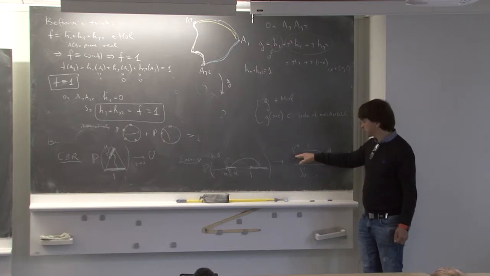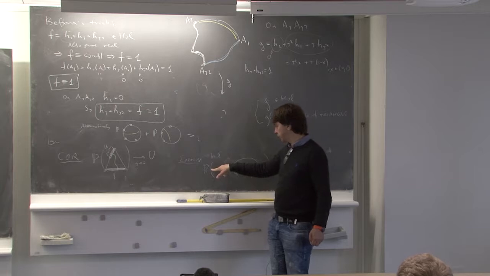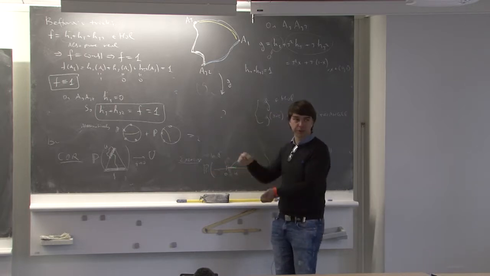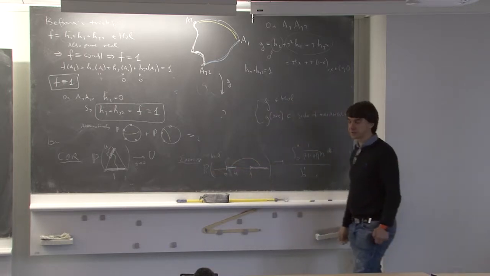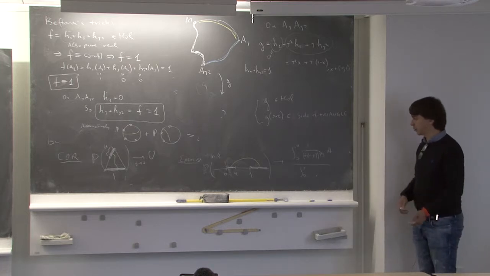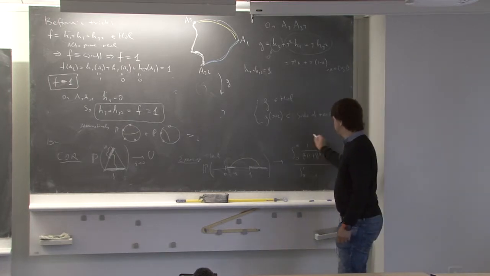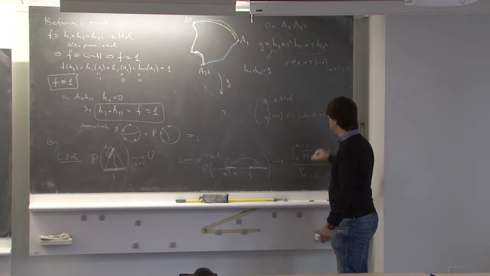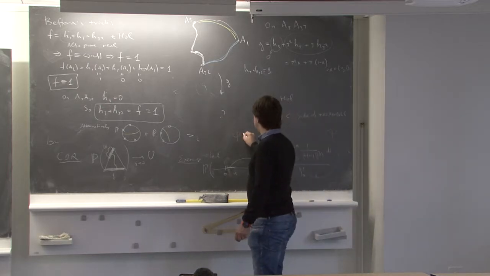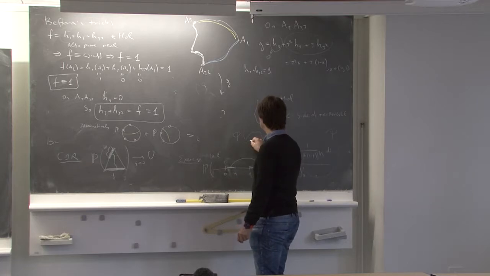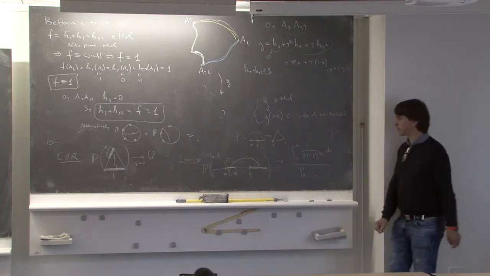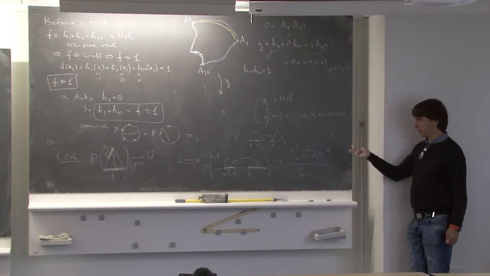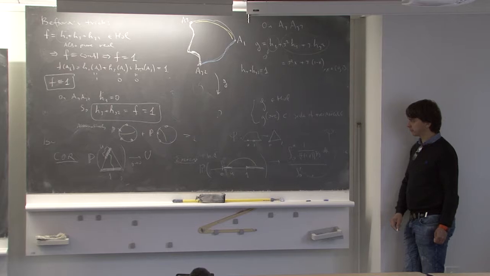Then you can check its argument, and you can check that the argument at 0 and at 1 rotates by 240 degrees. And then by the argument principle, if this function is phi, phi maps the half plane to an equilateral triangle. And then you pull it back.